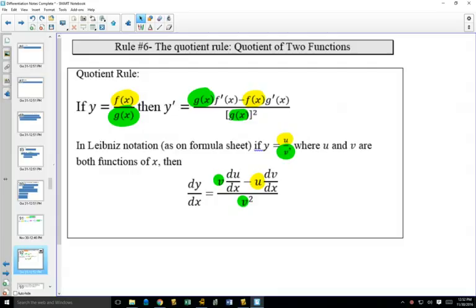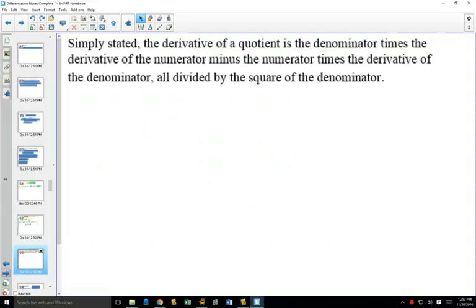And unlike the product rule where you could multiply some things out, usually the quotient rule doesn't have that.